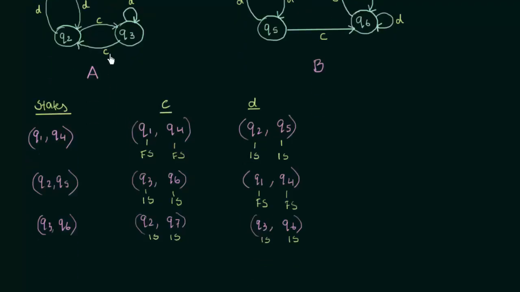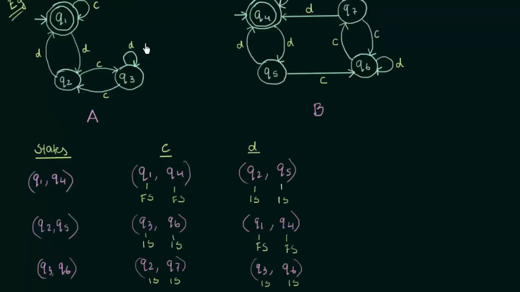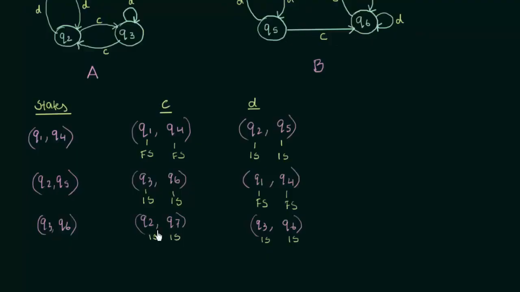Now we have compared Q1 and Q4, Q2 and Q5, Q3 and Q6, but Q7 is left, and we see that Q2, Q7 is a new pair of states that has been formed in this table. So you have to check the pair Q2, Q7. Q2 on input C goes to Q3, and Q7 on input C goes to Q6.